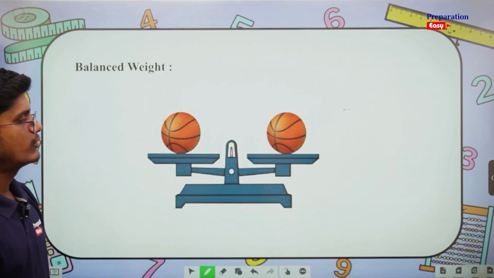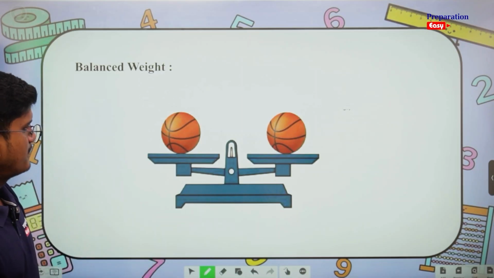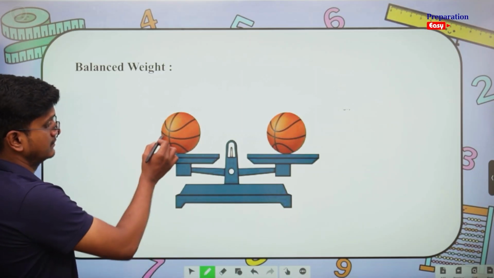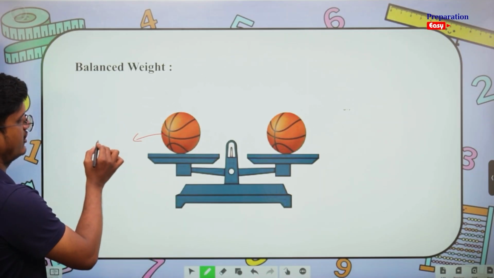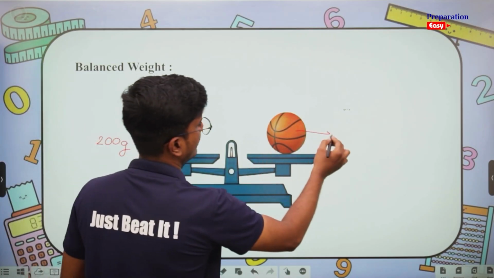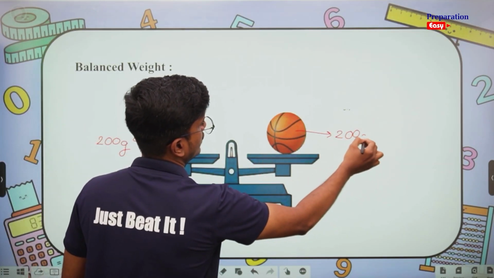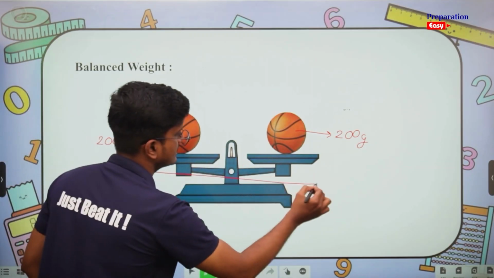Next, we have balanced weight. This is another weighing beam. Assume that this basketball has a weight of 200 grams, and this is the same basketball, which also has a weight of 200 grams. Both weights are the same, that's why it's balanced.